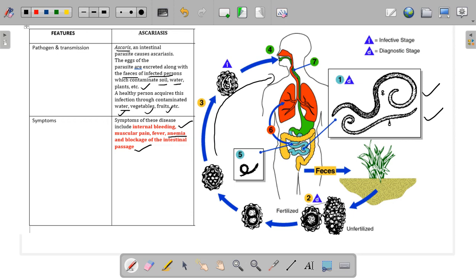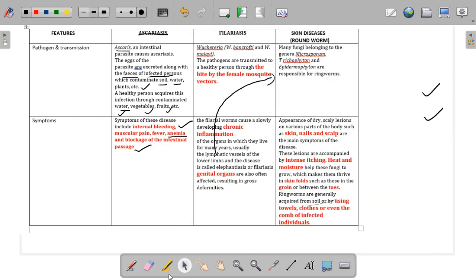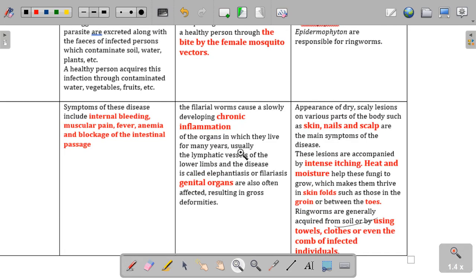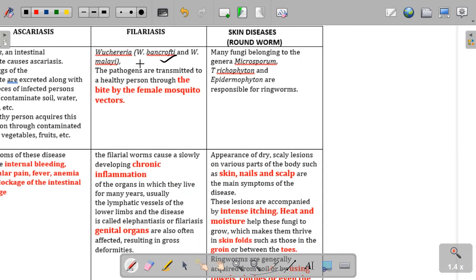Then here comes the next one called Filariasis. Filariasis is caused by two pathogens. One is Wuchereria bancrofti, and the other is Wuchereria malayi, and the genus name is Wuchereria.